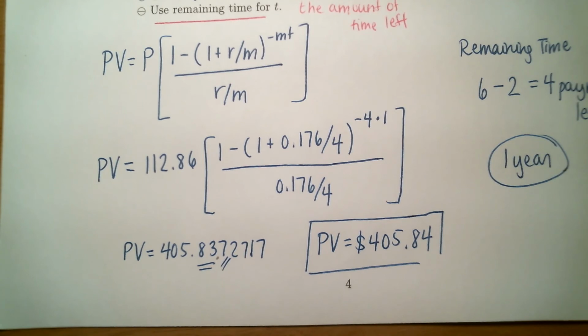So again, moral of the story: unpaid balance problems are when you're trying to pay off the loan early, and you have to use the present value of an annuity formula, using your regular periodic payment for P, using remaining time for T, and you're going to solve for PV. That's how you're going to get how much you need to pay to settle your debt.